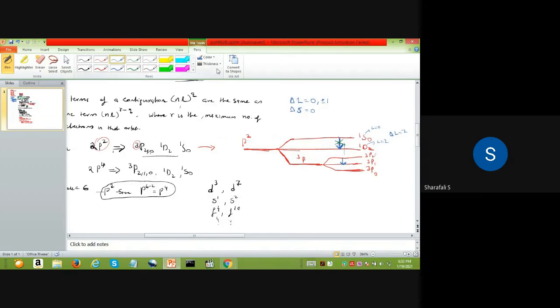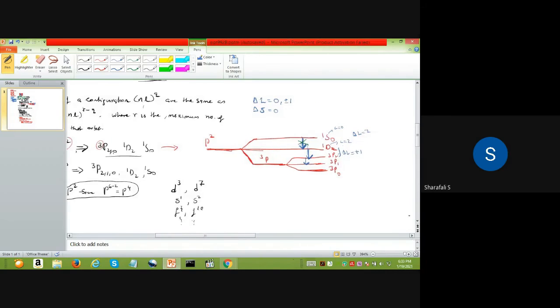And if you take the transition from here to here, it is okay because delta L between these two is equal to plus 1. And if you consider delta S also, S equal to 0 here, S equal to 1, so delta S is equal to 1.